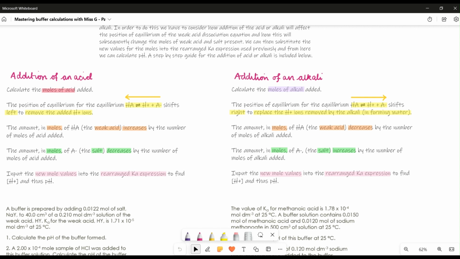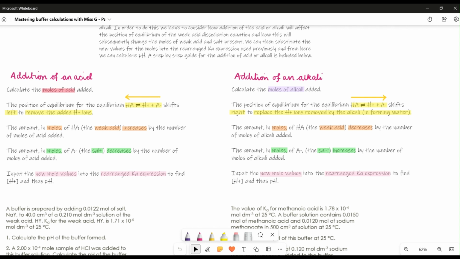The position of equilibrium will shift to replace those H plus ions that are lost. And when those H plus ions are lost, because they're reacting with the OH minus ions from the alkali, water is formed. That shifts the position of equilibrium to the right, meaning this time we're going to lose some of our weak acid, but we are going to gain more of the salt.